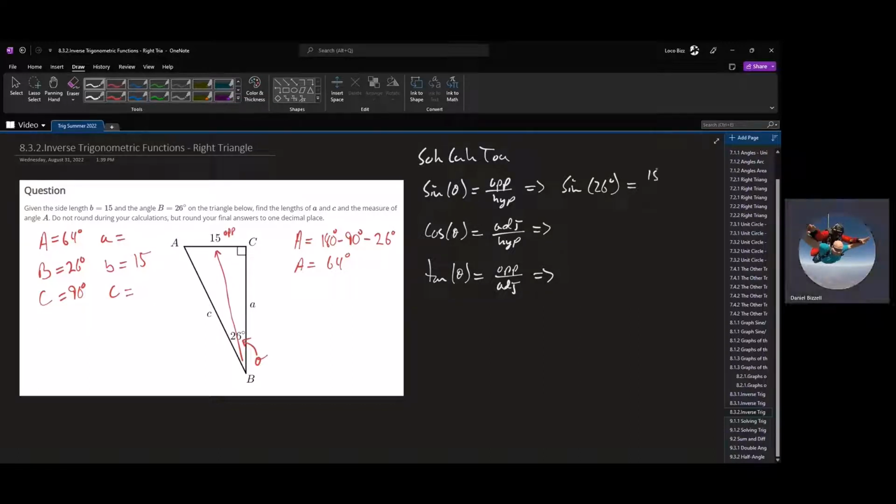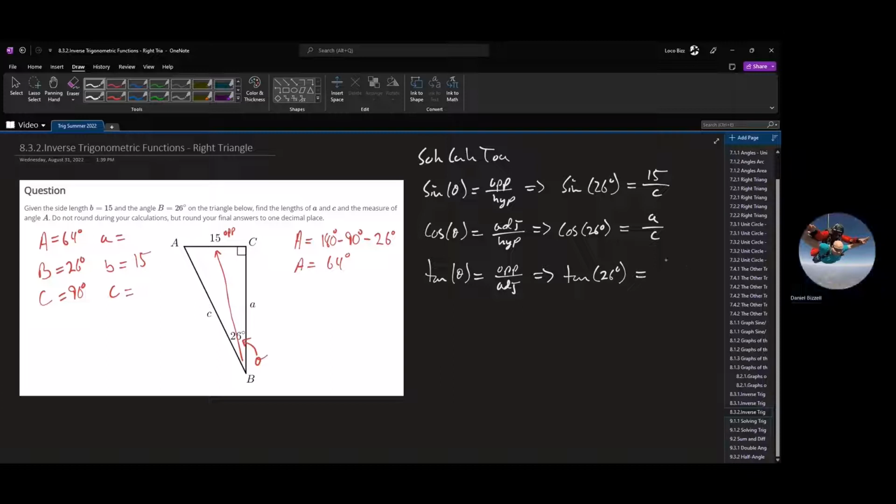So we have 15 over our hypotenuse, which is C. Then for cosine of 26 degrees, we have our adjacent side, which is A over our hypotenuse C, and then tangent of 26 degrees is equal to 15 over our adjacent side A.